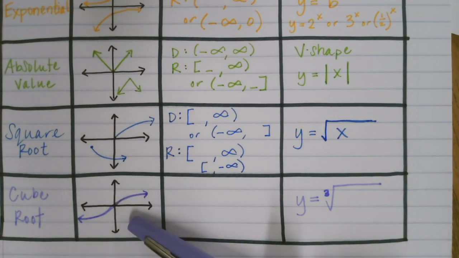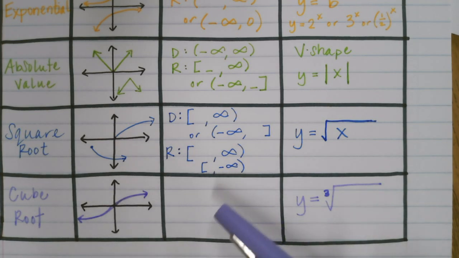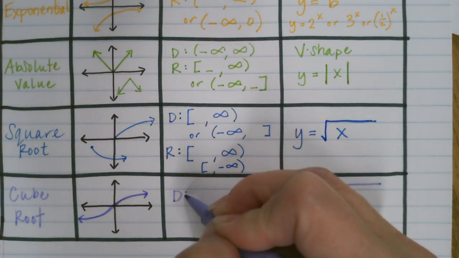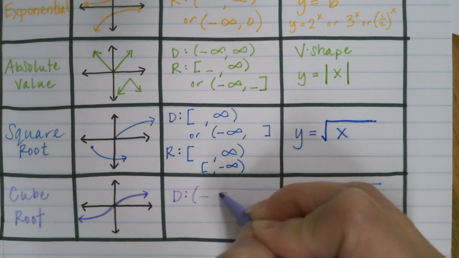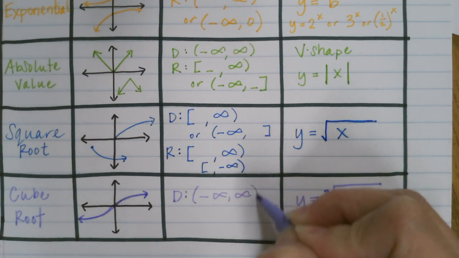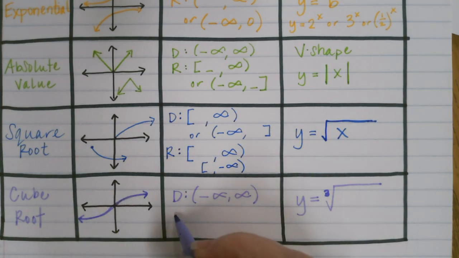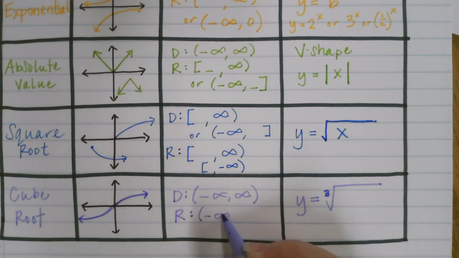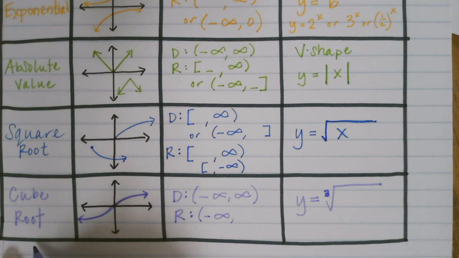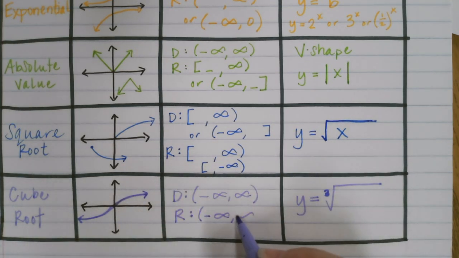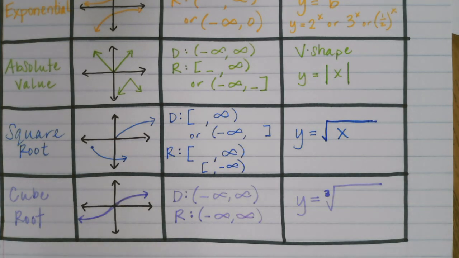So this domain and range goes all the way back to linear. For the domain, it's going to go on forever from left to right. So it's going to go forever to the left and forever to the right. And then the same thing is going to happen with the range. It's going to go down forever on this side, and it's going to continue to go up forever on the right side.